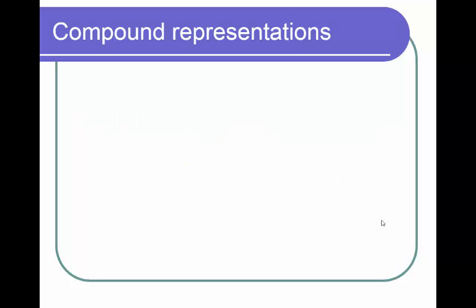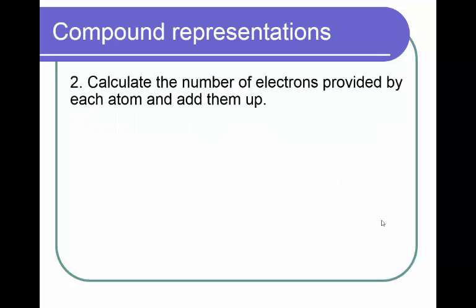Okay, so step number 4 is for you to calculate the number of electrons provided by each atom. We have hydrogen, but as you know we have 2 hydrogens in the molecule. So 2 hydrogens times 1 electron provided by each hydrogen makes 2 electrons provided by the 2 atoms of hydrogen. Then we check sulfur, and in sulfuric acid we only have 1 sulfur, and that sulfur is providing 6 electrons.